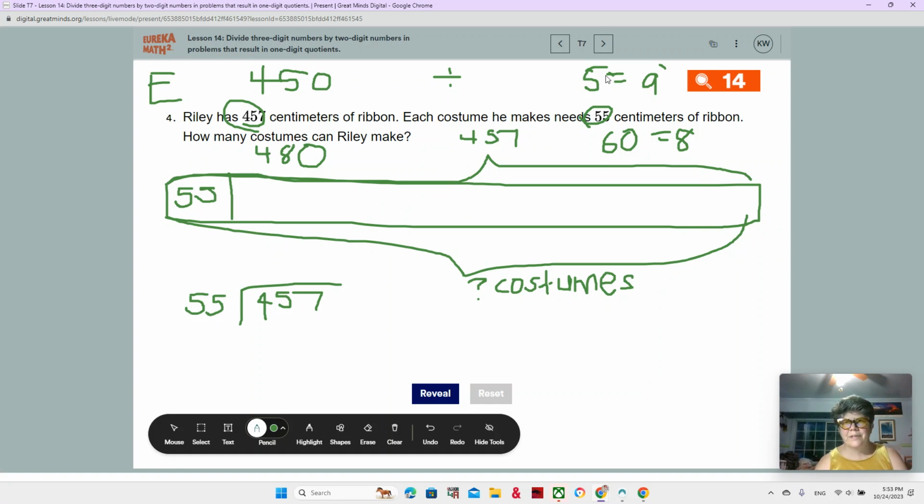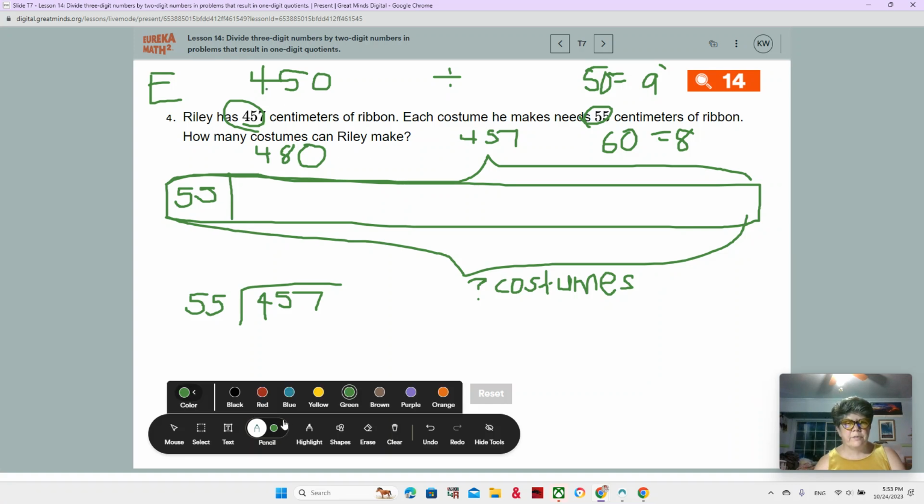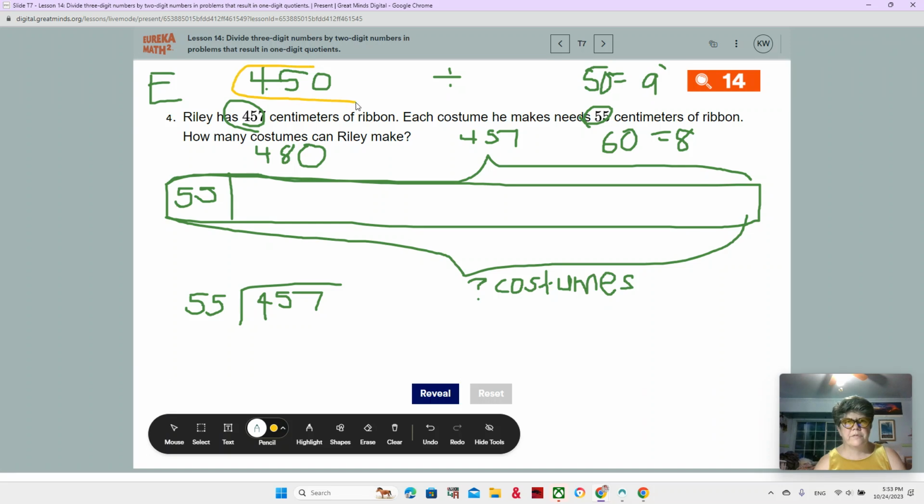Sorry, this should be a 50. There we go. Okay, do you see that? Sorry, it's kind of messy. Let me just circle it for you in another color. Okay, 450 divided by 50 is 9, or 480 divided by 60 is 8, right?